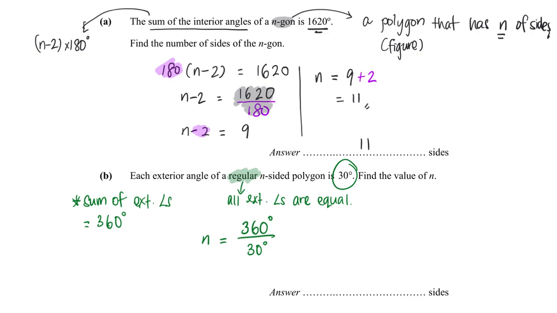How many 30 degrees are there? Yep, we are dividing by 30. And that will give me 12. And therefore, we get that this n-sided polygon has 12 sides. n is 12. Right, let's move on to the next question.